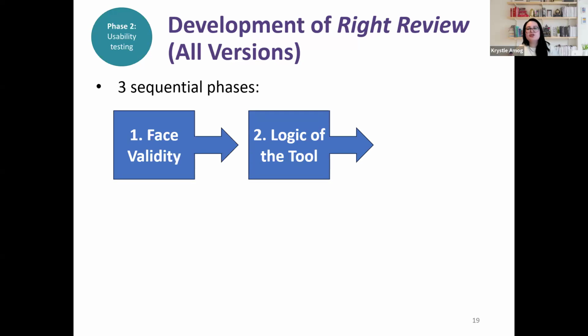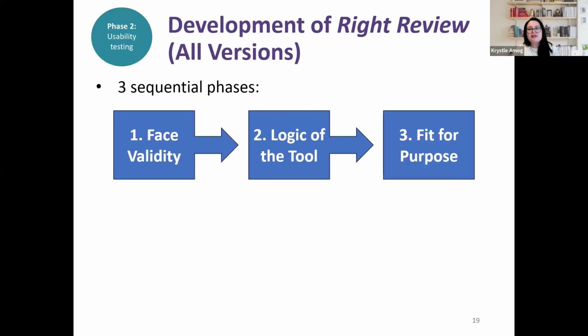Do the combination of responses match with the attributes of the recommended methods? And the third phase was really about fit for purpose. Do the recommended methods meet the expectation of reviewers with expertise and experience in evidence synthesis conduct? Is the tool easy to use, and can you break the tool? And this is referred to as adversary testing.